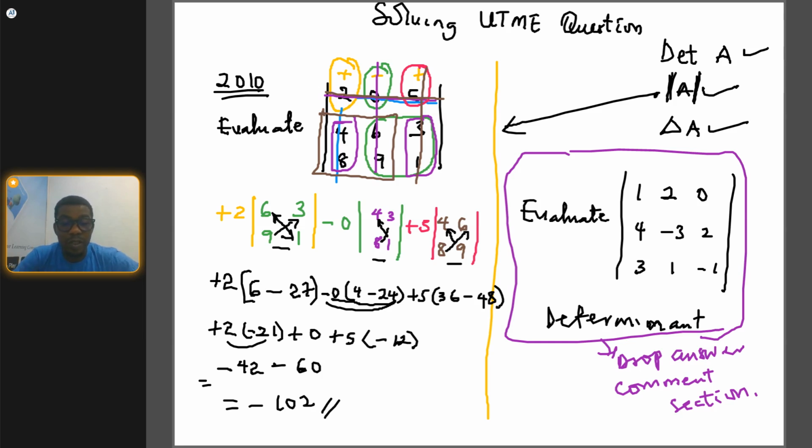We've been able to solve questions that have to do with matrices. We were able to touch questions that have to do with basic operation. That was the first question. The second question was basically on the determinant of a 2 by 2 matrix, while question 3, we did inverse of a 2 by 2 matrix, and question 4 was on determinant of a 3 by 3 matrix.